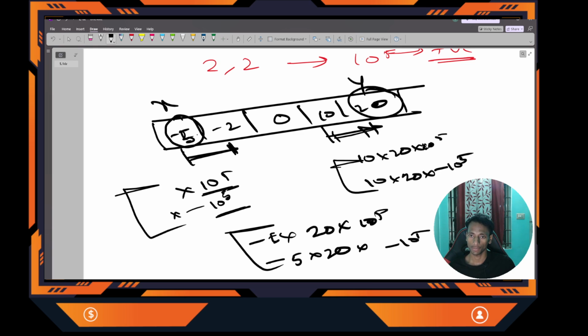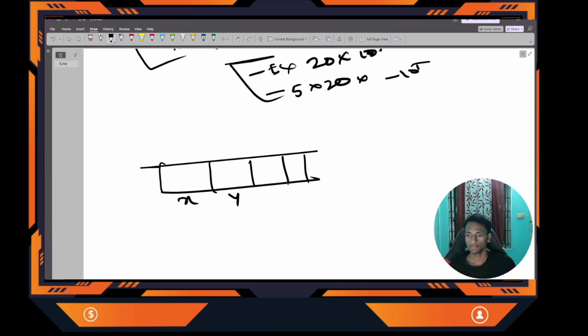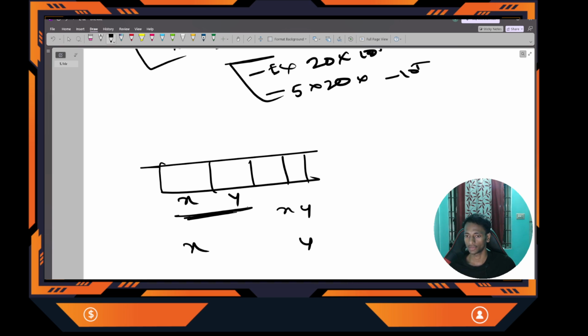If you do not want to store the absolute value, then you can do that, because you have an array, and this can be x and y, this can be x and y, this can be x and y, right? So you have to generate all the possible combinations of x and y from 0 and 1, 2 and 3, and 0 and 3. Clear? Got it?